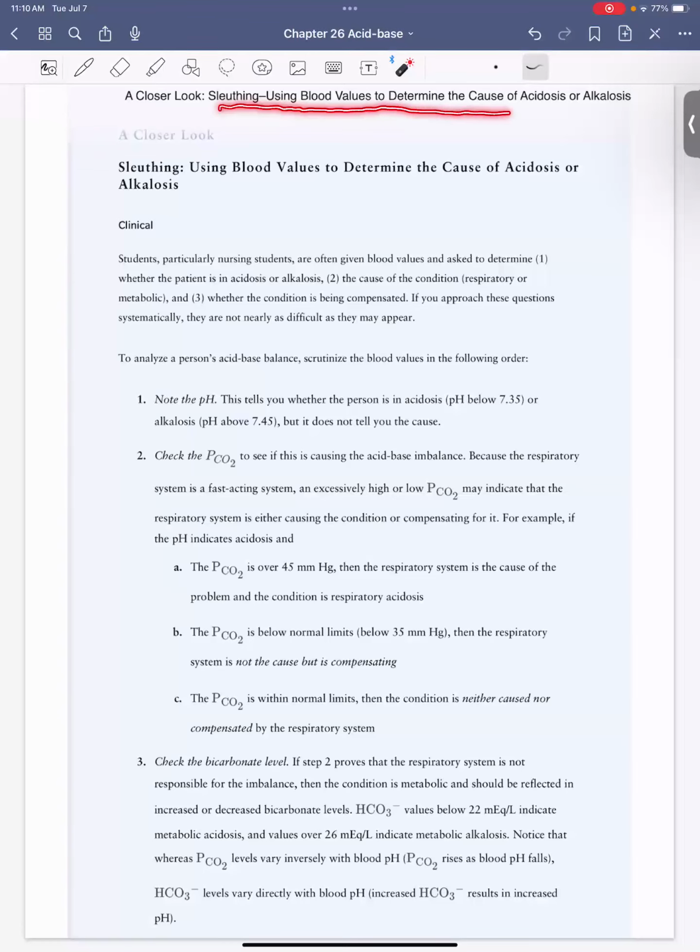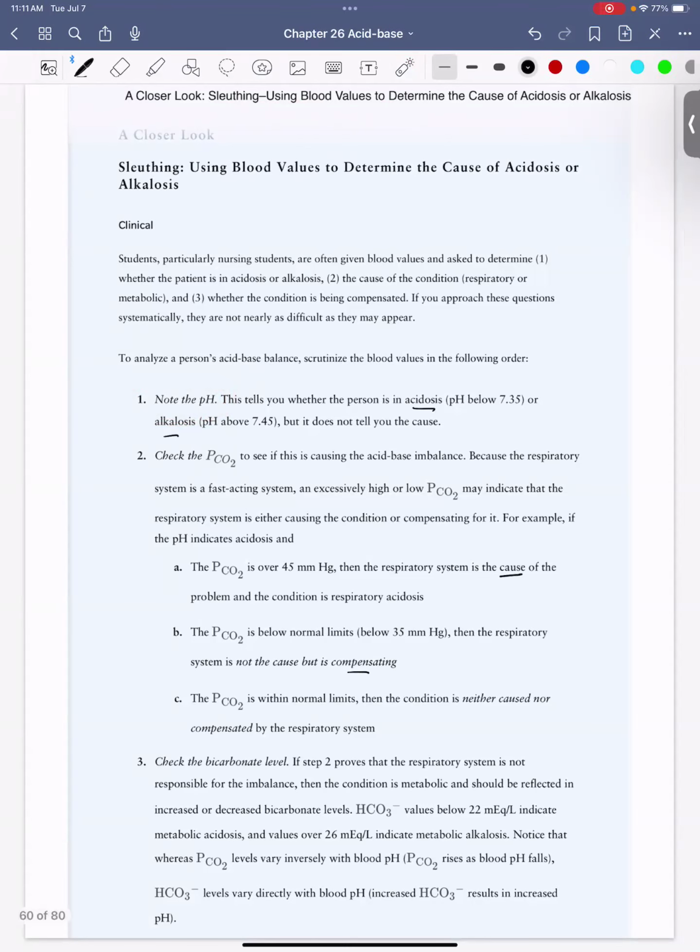And then there is this closer look. It's called sleuthing, using blood values to determine the cause of acidosis or alkalosis. And it tells you to note the pH first to determine if the condition is acidosis or alkalosis. Then you check the CO2, and remember, if it's going in the opposite direction of the pH, it's the cause. If it's going in the same direction, it's compensating.